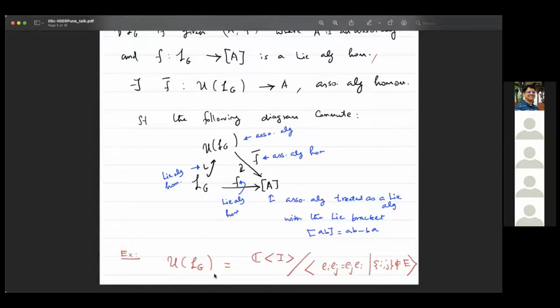The universal enveloping algebra of LG is nothing but the free associative algebra generated by the variables e_i, modulo the obvious relation: you let e_i and e_j commute if there is no edge between i and j. Naturally this algebra is also graded, because the ideal that you go modulo is a graded ideal.